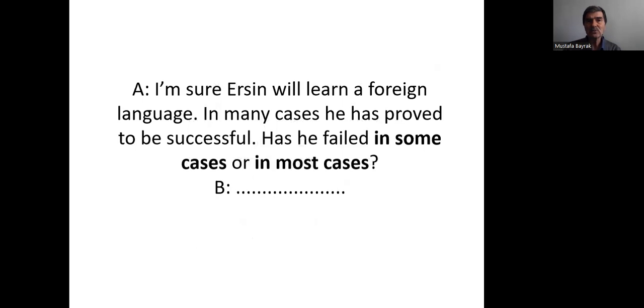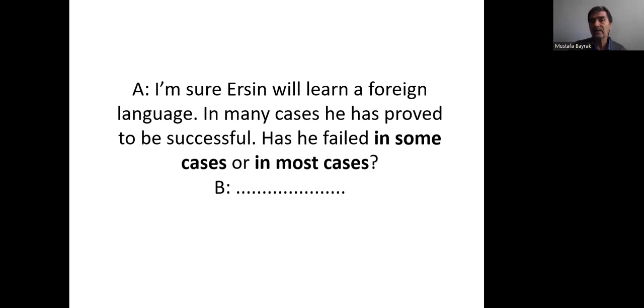It's called subsidiary. Okay, I am sure Ersin will learn a foreign language. In many cases, he has proved to be successful. Yes, in many cases, Ersin has proved to be successful. Has he failed in some cases or in most cases?